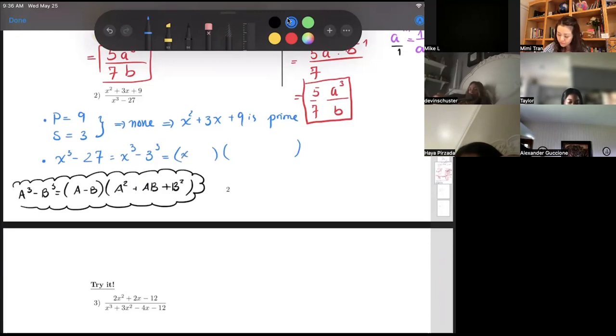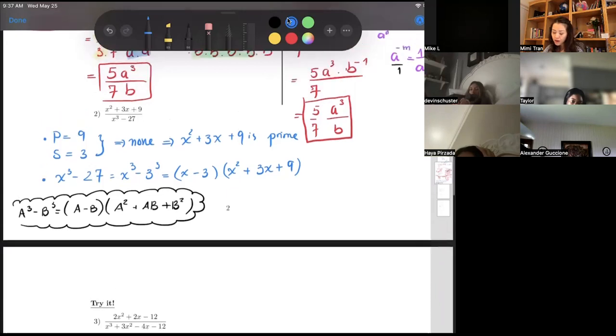X minus 3, x squared plus 3 times x, plus 3 squared, which is 9. A lot of people on the exam forgot, when they do 5 squared, to turn it into 25. I don't take points off for it. I'll just remind you.